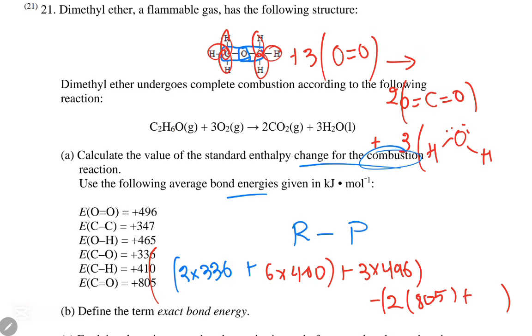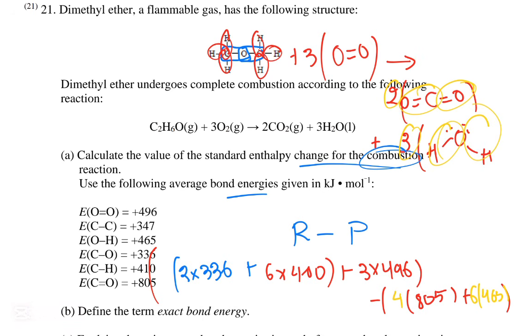Sorry, here this is also wrong. This is 2 times 2, so that's 4 times 805. And then here this is 3 times 2, that's 6 times O single bond H, which is 465. So you put it on your calculator, okay?